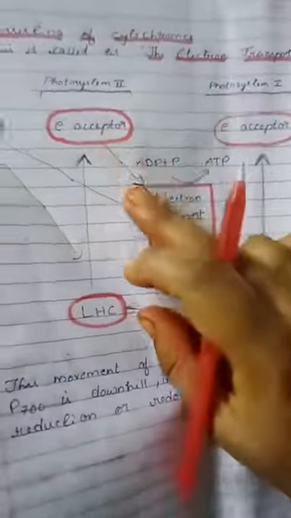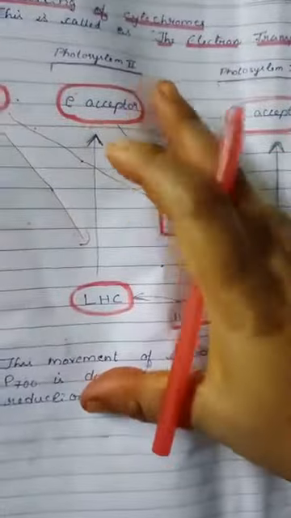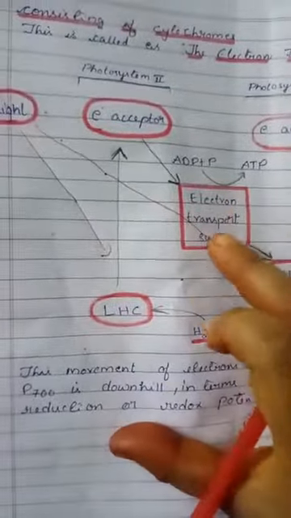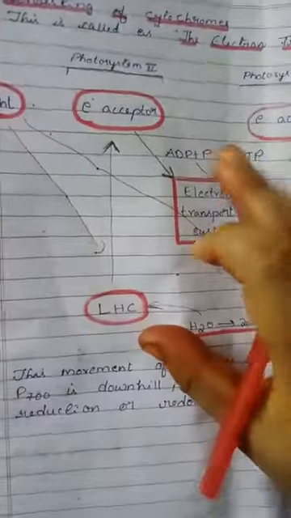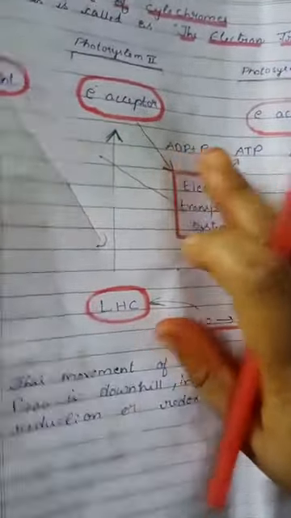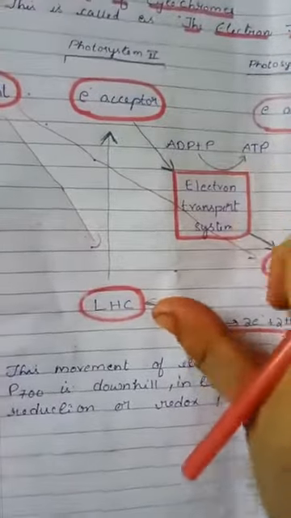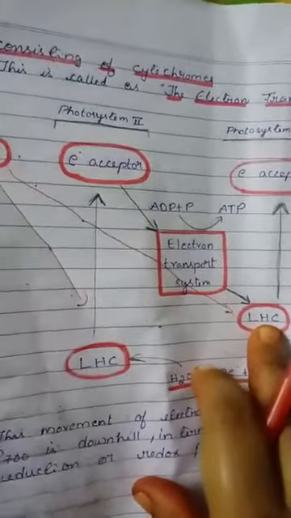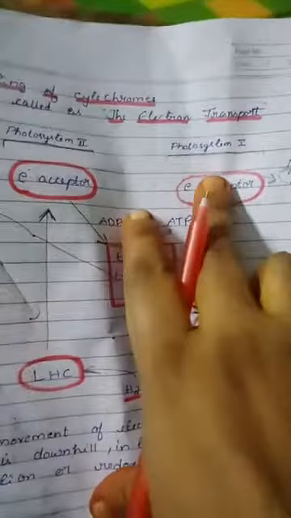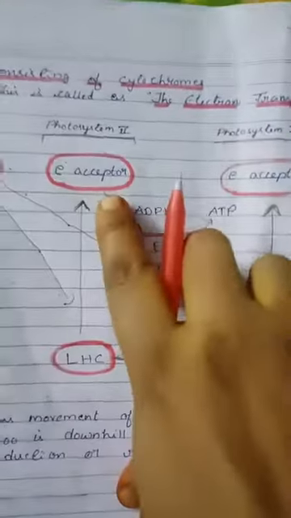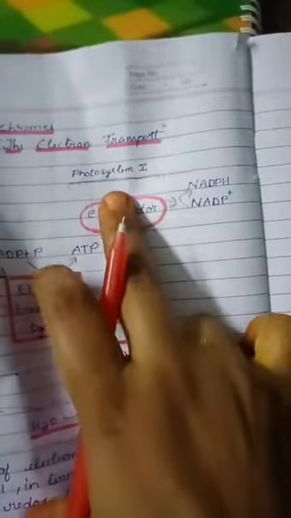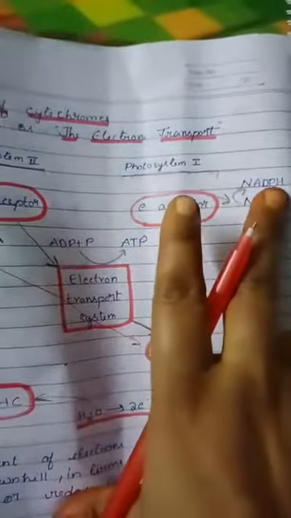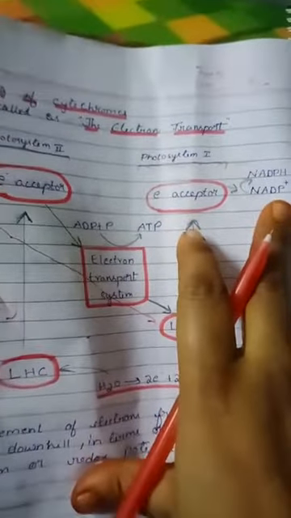Now this electron acceptor from photosystem 2 will move to the electron transport system, converting ADP to ATP. Then it moves to the light harvesting complex, which will return again to photosystem 1. This is called downhill and this is called uphill. At the end we need the end products, that is NADPH, which forms from NADP.